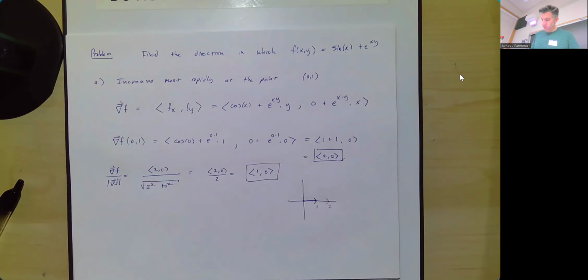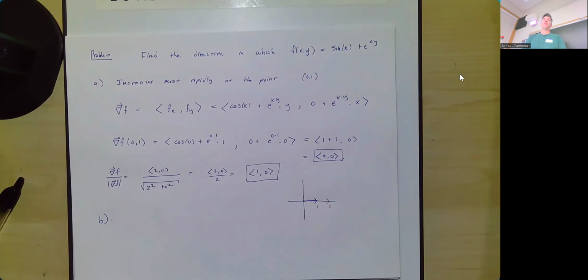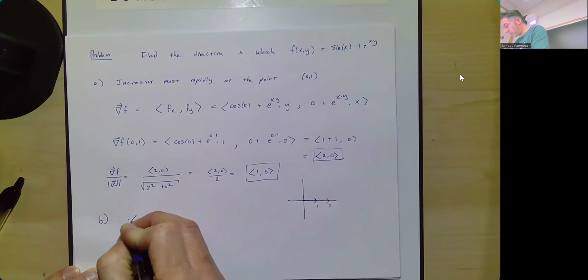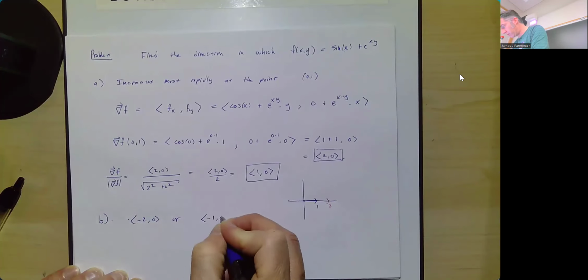Okay. Part B, you should show no work for, if you had to do part A. The direction that the function decreases the most rapidly is turn around. So it should be either -2, 0, or if you prefer unit vectors, -1, 0.